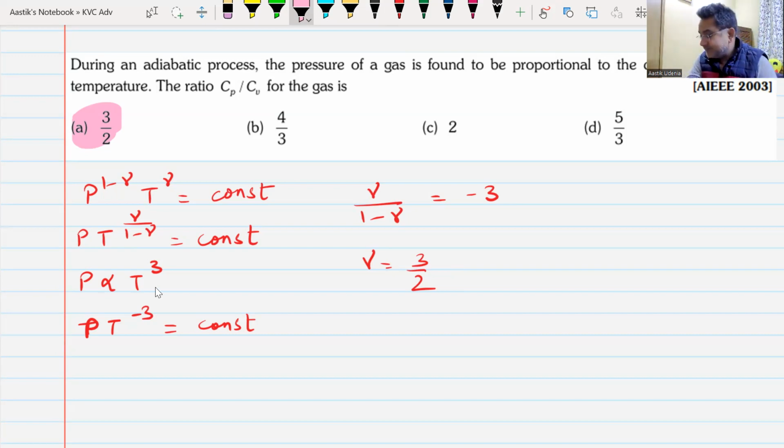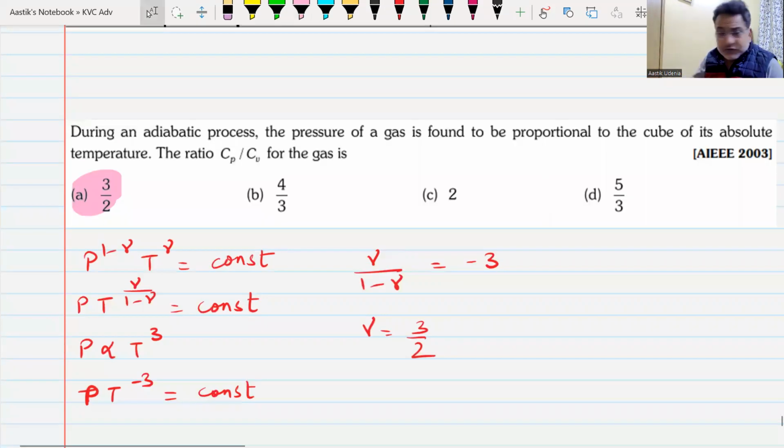No relation is wrong. You had confused me so much. Anyway, that is the answer. You will get gamma as 3 by 2. Wasted a lot of time on checking the relation because sometimes even I get confused and I might write minus instead of plus. Anyways, let us move on to the next question.